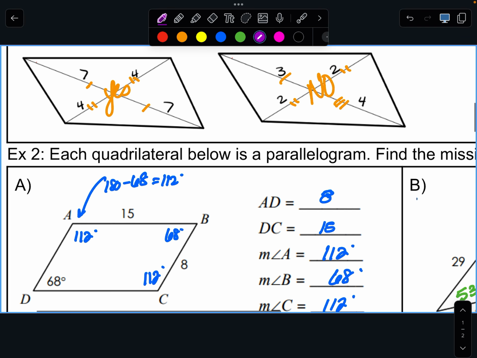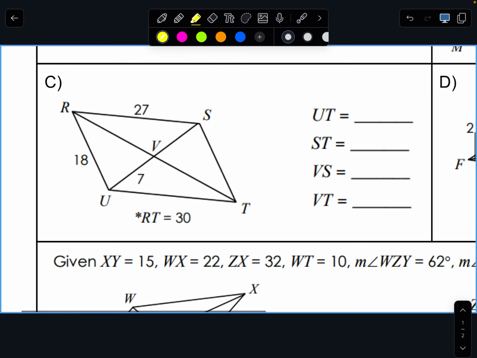So it's important to note up here in the directions that each quadrilateral is a parallelogram. Oh, that means, Jacob, that all those properties apply. So when I look at this, it says that RT is 30. So because it's a parallelogram, how much is RV? If the yellow line is 30, how much is RV?